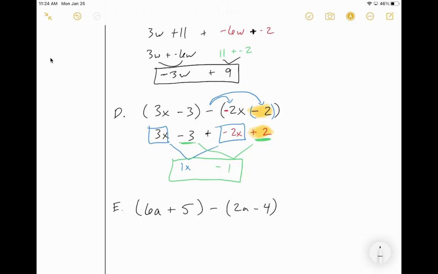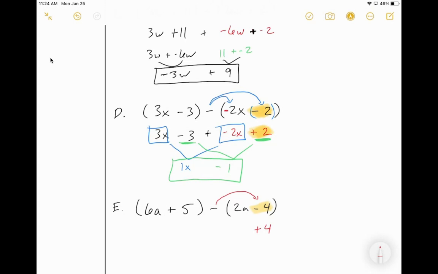Okay. So again, here's the key. This is the part that some of you guys are getting mixed up on. What happens to this minus 4? The minus 4 becomes a plus 4.